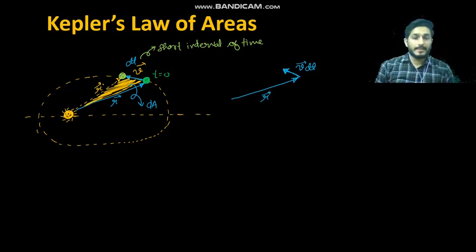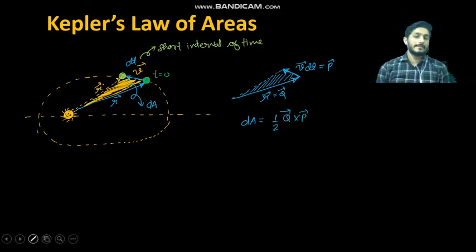In order to write this area, I can simply take the vector product of these two vectors. So here is, let's say, a vector p, and this vector be q. In order to write the area enclosed by these two vectors, I can simply write dA equal to 1 by 2 q cross p.